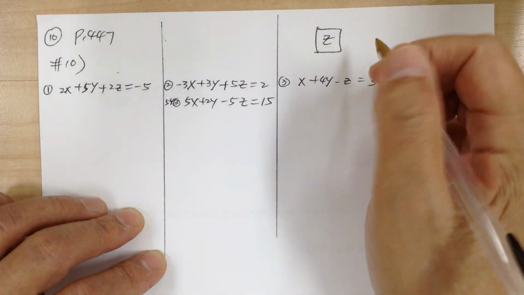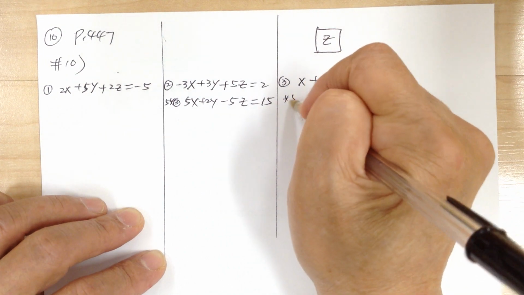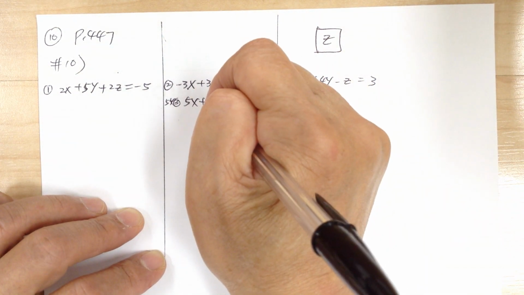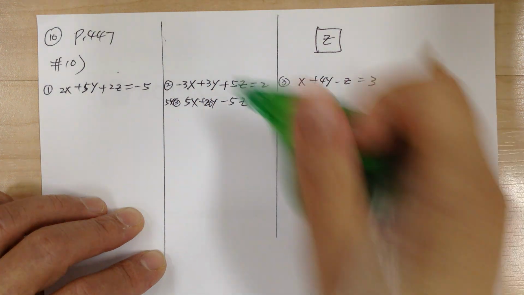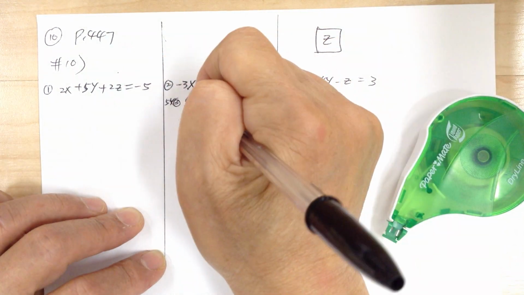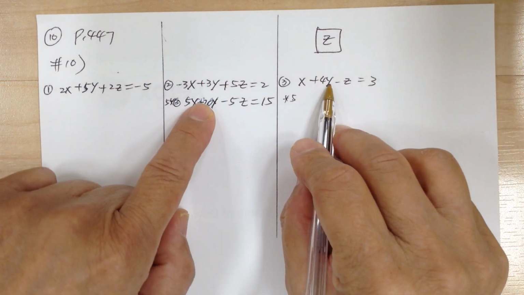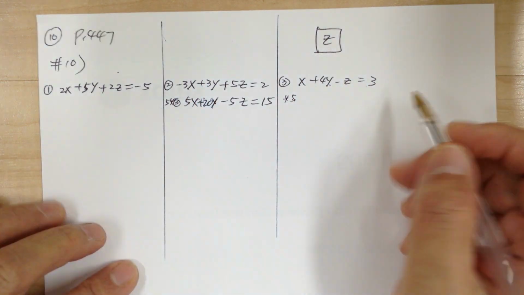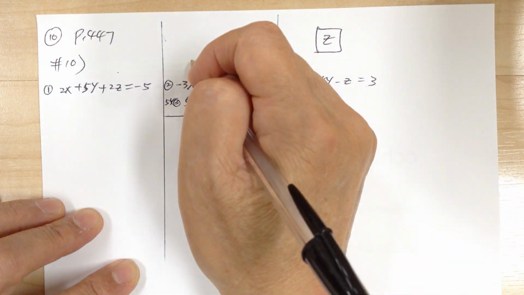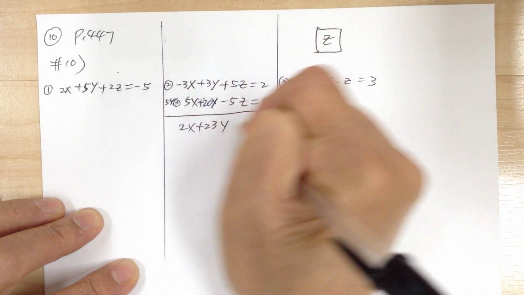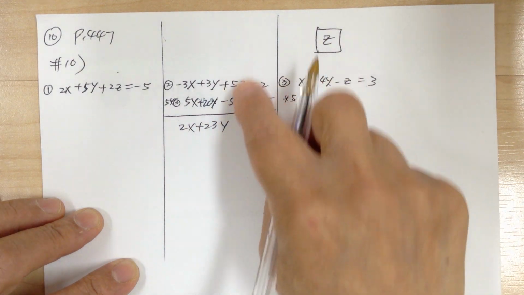So 5x, 20y, minus 5z, 15. Double check. And you're going to add, so you get 2x plus 23y equal to 17. So you eliminate the z.